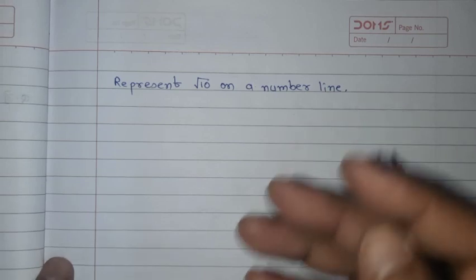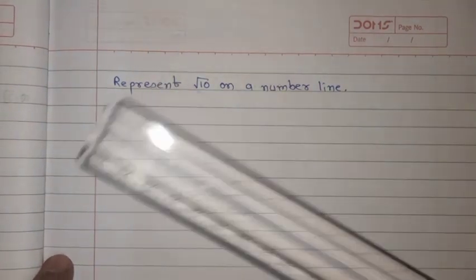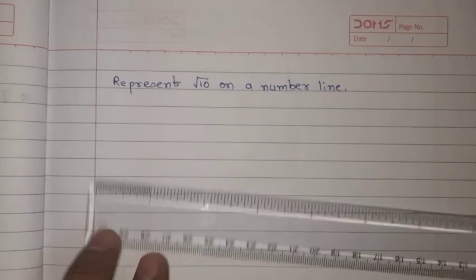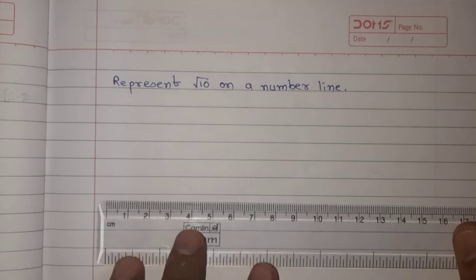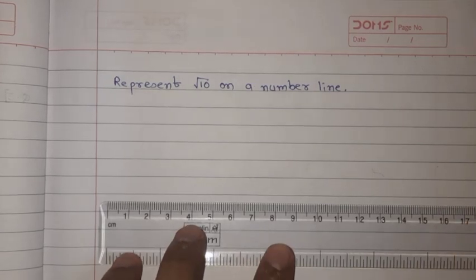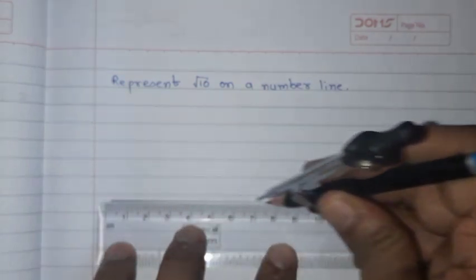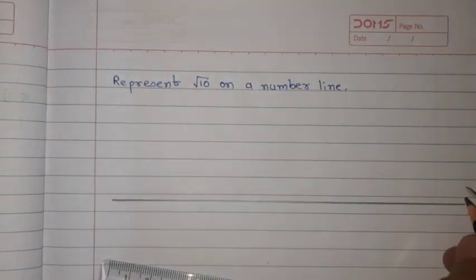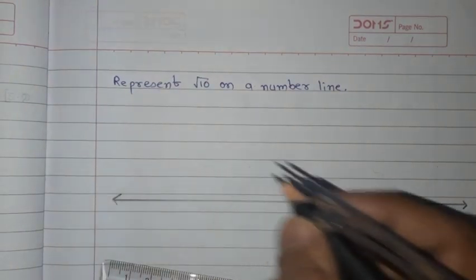Now, as we showed root 5 on a number line, for that purpose we drew a number line. Similarly, for this root 10 we have to draw a separate number line like this. It is a line, therefore we have to draw an arrow on both ends.